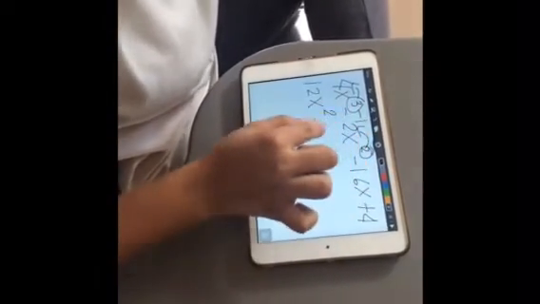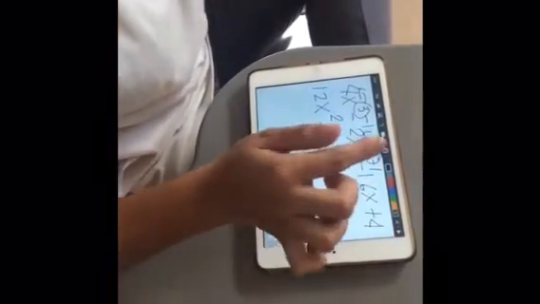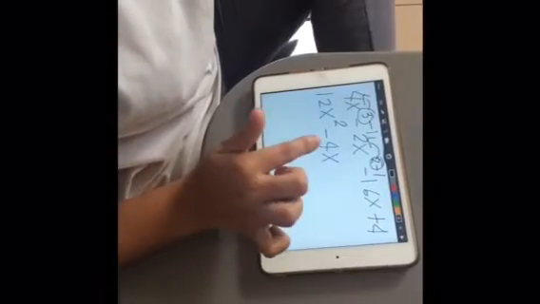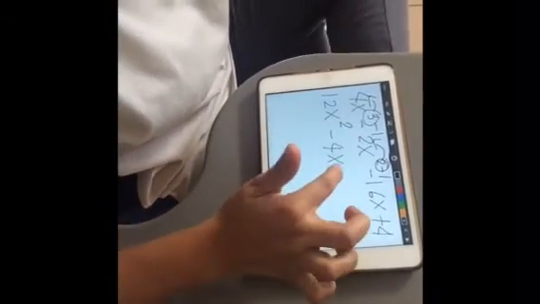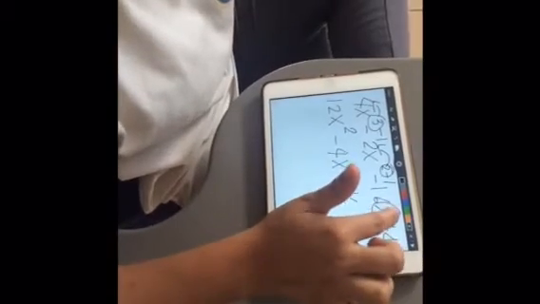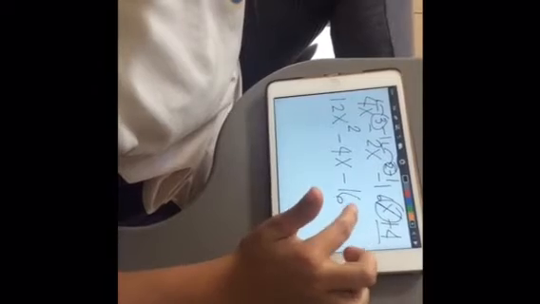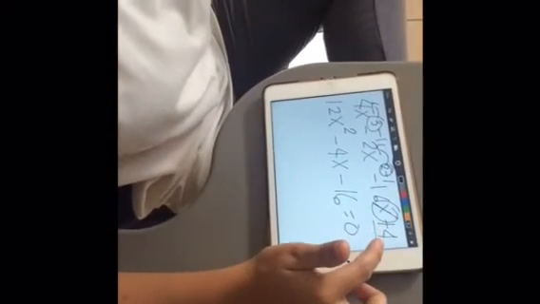So 2 times 2 is 4x. It will become x because 2 minus 1 is 1, so it will become x. Minus 16, because we have to cancel the x because there's no exponent at all. So the 4 will become 0 because it is a constant.